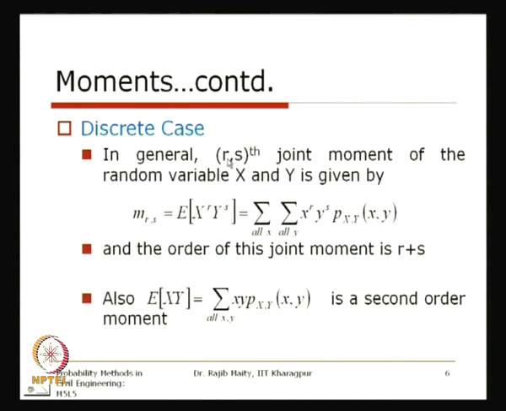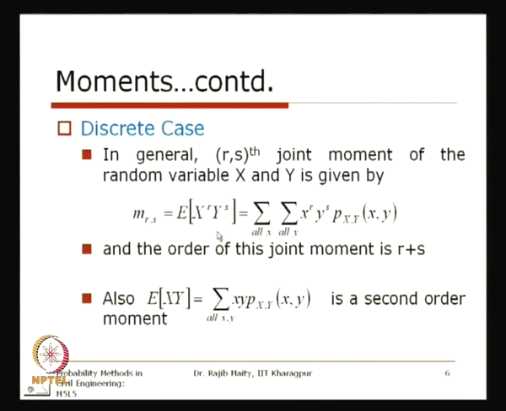And so, when we call it the r, sth joint moment, that means we are considering the expectation with respect to the origin, that is why it is x power r and y power s.